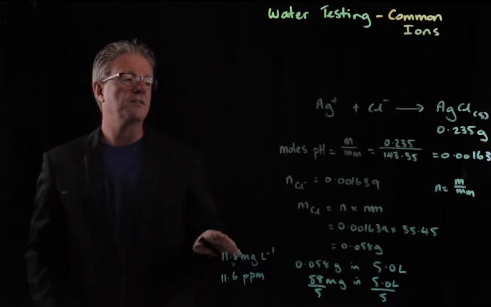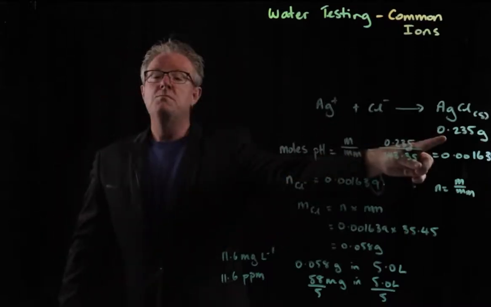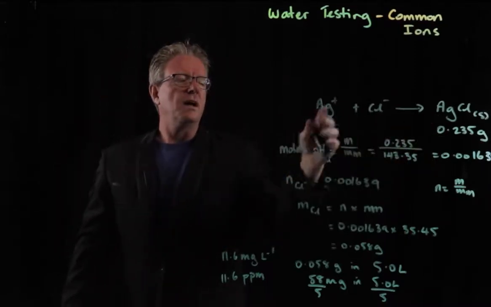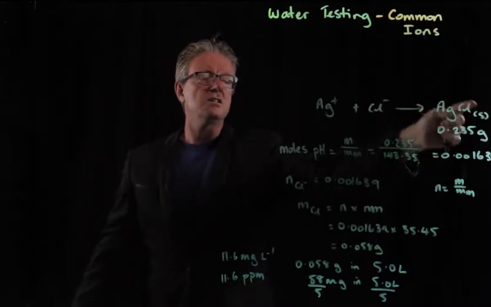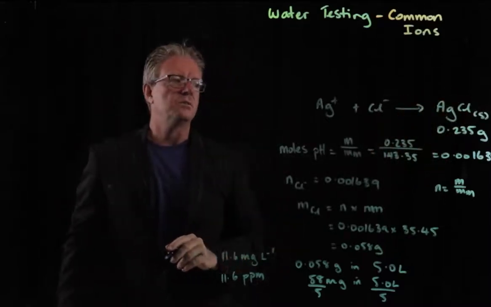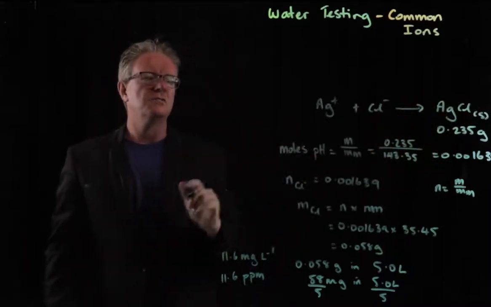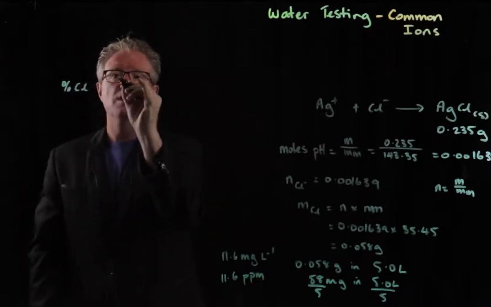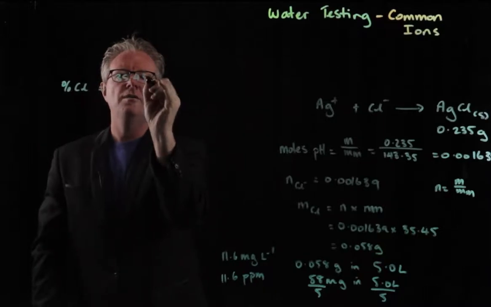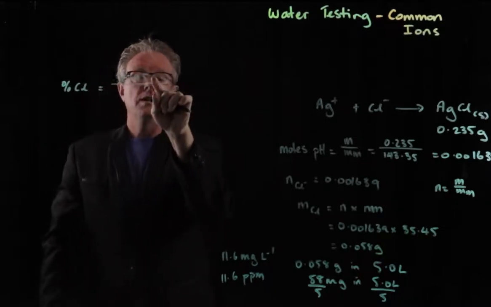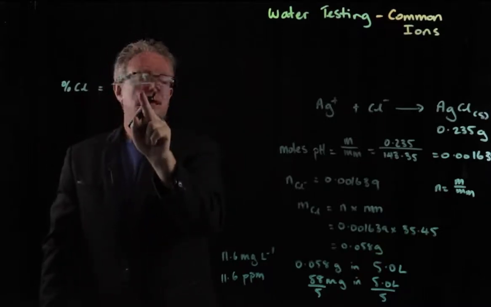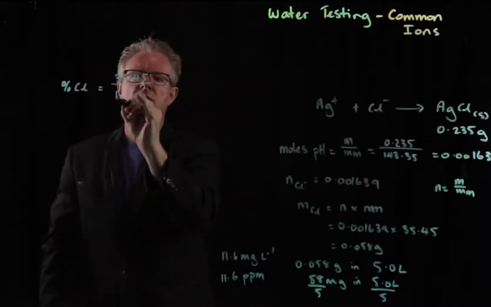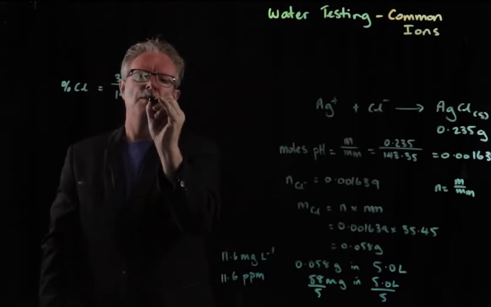All right, let's have a look at another way. I worked out the number of moles here and used the molar ratio. Another way of doing it is percentage composition. So in other words, out of our silver chloride, the percentage of chloride in silver chloride is 35.45, that is the chlorine there, divided by the molecular mass here, which was 143.35.